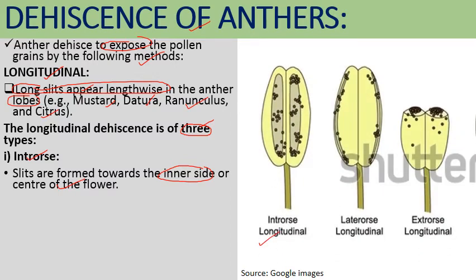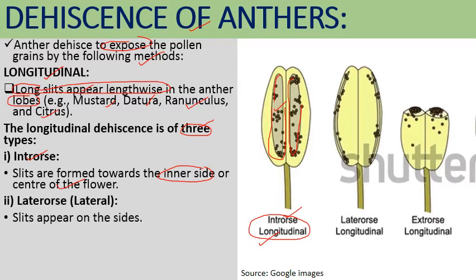These are the diagrams. Towards inner side जो cracks हैं वो बनते हैं towards center of flower, और फिर pollen grains release होते हैं. And this type of dehiscence is known as introse longitudinal dehiscence. Next type is laterose or lateral longitudinal dehiscence. In this type of dehiscence, slits appear on the sides.